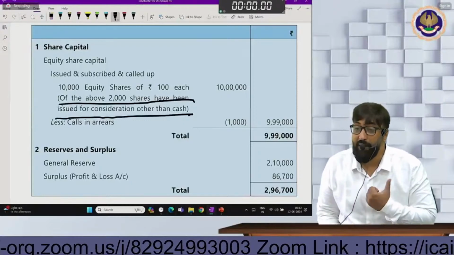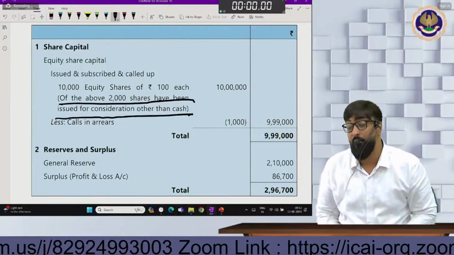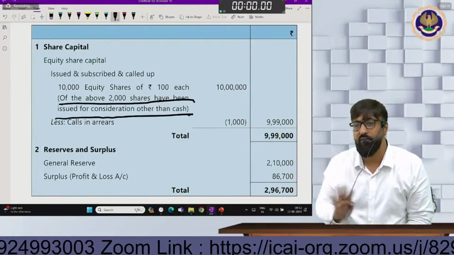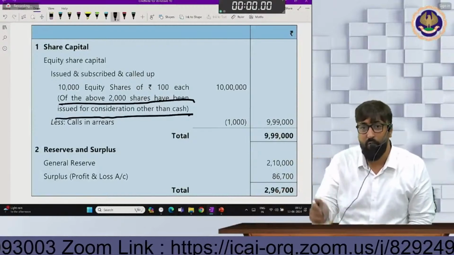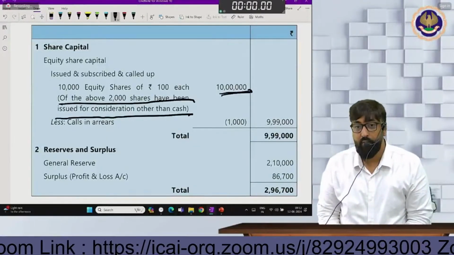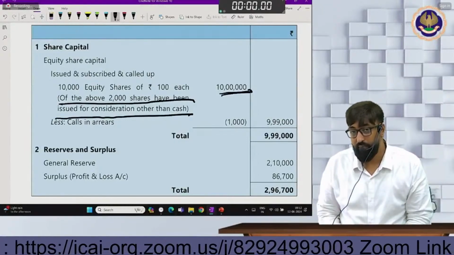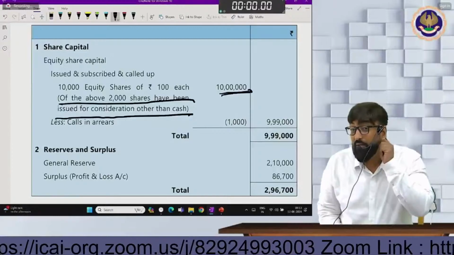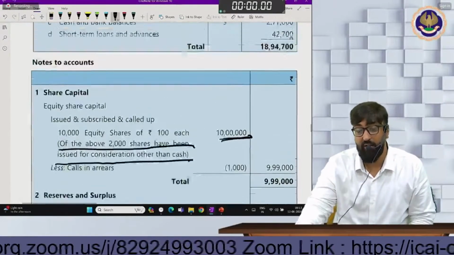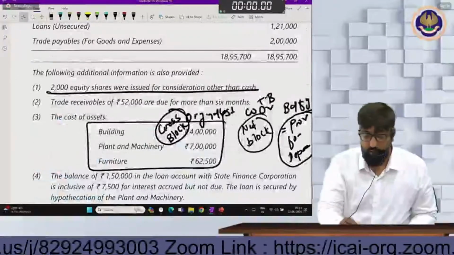So we expect you to write this sentence in the exam. Very simple sentence. Out of above means out of these 10,000 shares, 2000 shares have been issued for consideration other than cash. Understood, beta? Yes, sir. 1 mark.